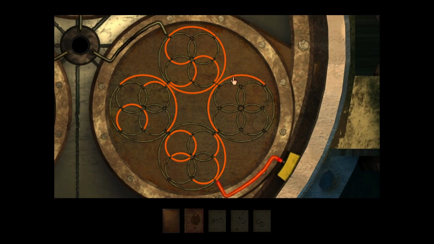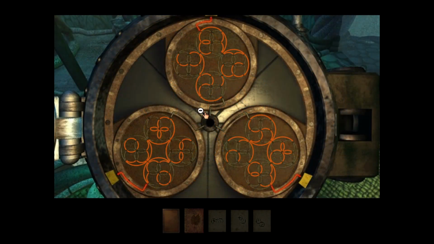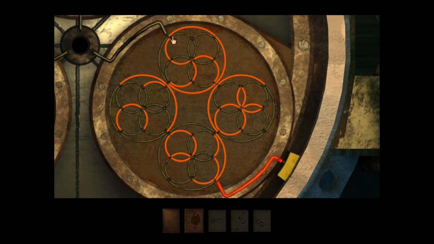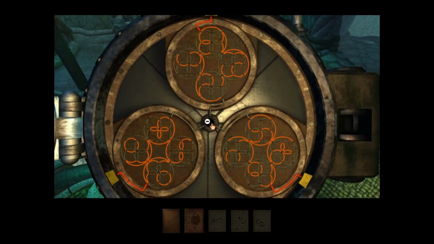So now let's throw a change in here. Those bolts don't appear to be buttons. The center's just to zoom out. Am I missing a button?